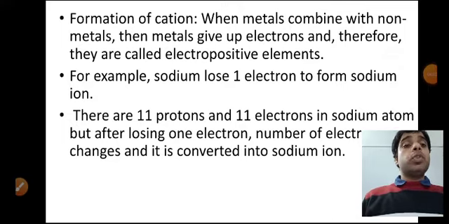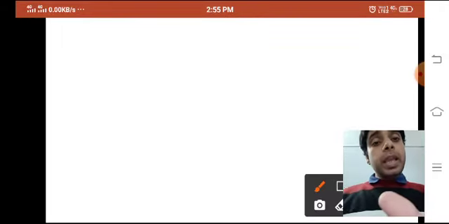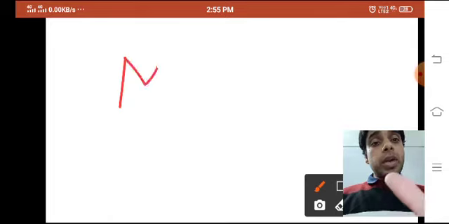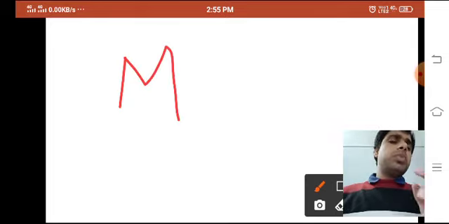It is written, when metal combines with non-metal, then metal gives up electrons, and therefore they are called electropositive elements. Let's see what that means. Here it is written metal, so I have written M. M is for metal. Now you can take calcium, sodium, lithium, whatever metals you know.